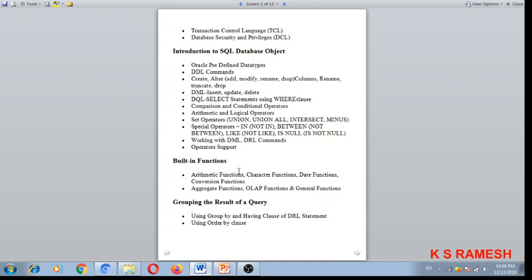All built-in functions we will discuss in this lecture. Again, grouping the result of a query with the group by clause, with the order by clause, we will order the group of results.